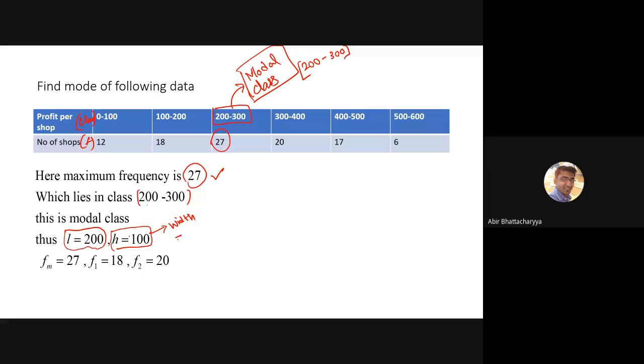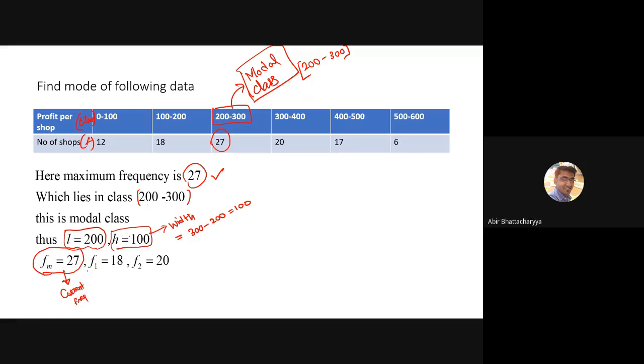What is the meaning of width? Width means 300 minus 200, that is 100. Now what is fm? fm means the frequency of the modal class, the current frequency.